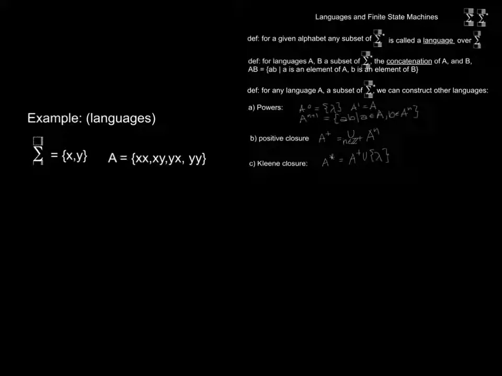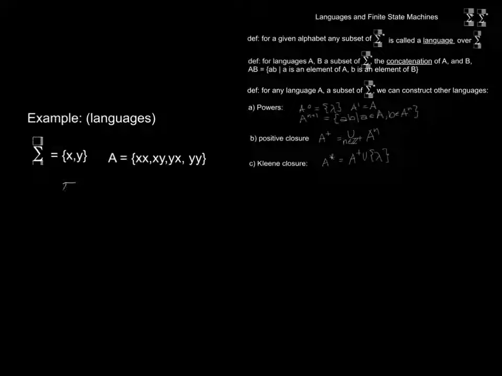As an example, we'll look at the alphabet equal to {x, y}, and the language from that alphabet equal to {xx, xy, yx, yy}. First we're going to look at the powers of sigma and convince ourselves that A is a subset of the powers of sigma.